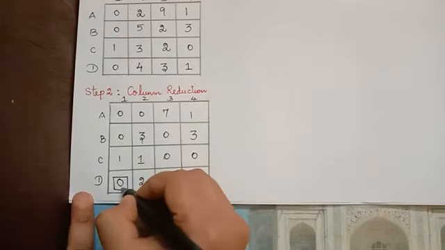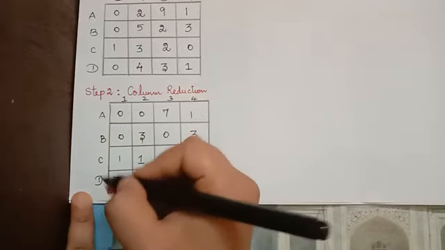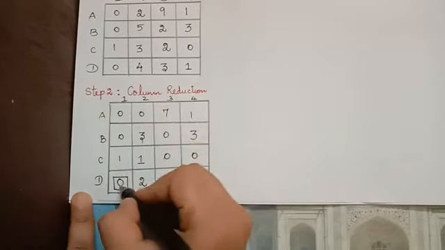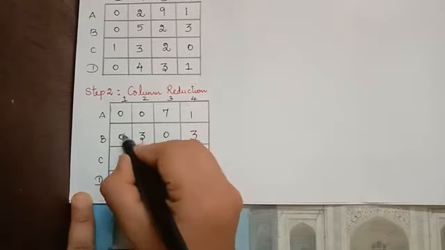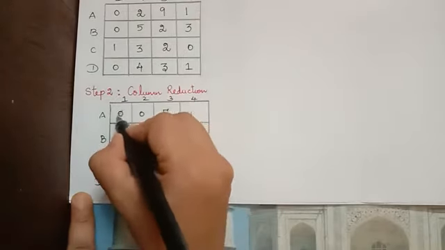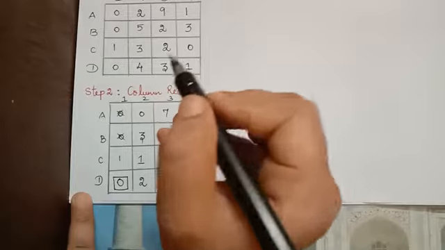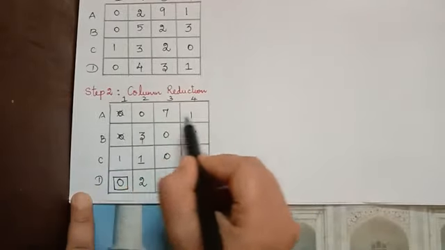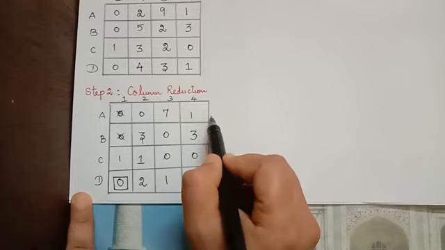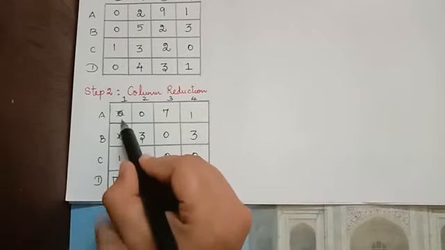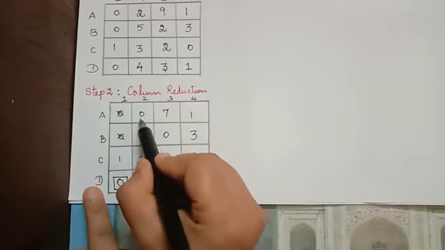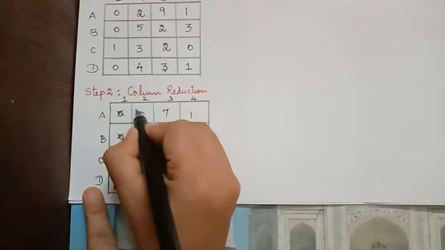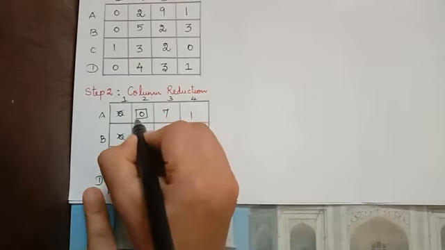Once we are done with that, we have to strike out the corresponding zeros of that column. So after selecting this, we have to strike out this 0 and this 0. Now again we have to proceed with the same procedure. We have to check the first row, how many zeros it has now. Now this 0 has been struck off, so it has only 1 zero. So definitely that 0 has to be selected for this row.